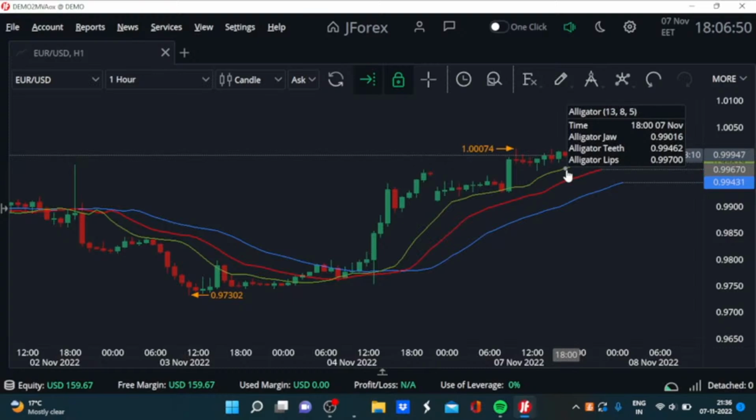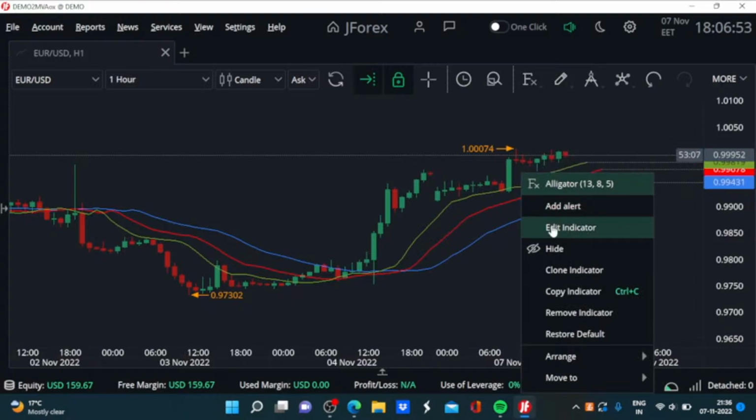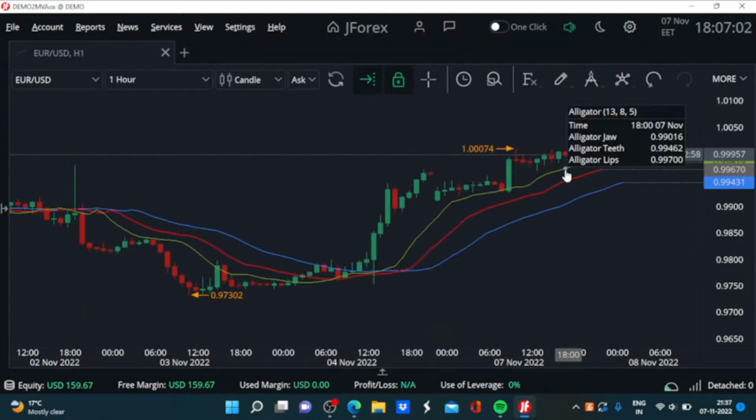So this 5 period moving average, let me check which kind of moving average is being used. Here it is not given, mostly it is SMA. So the 5 period SMA is being cast into the future for three candle periods.